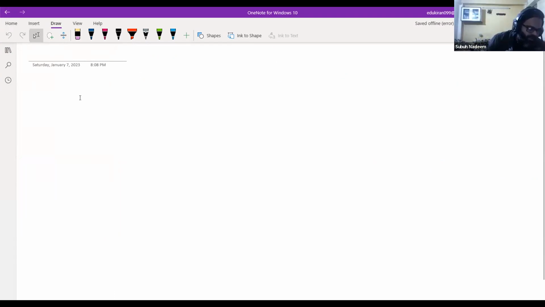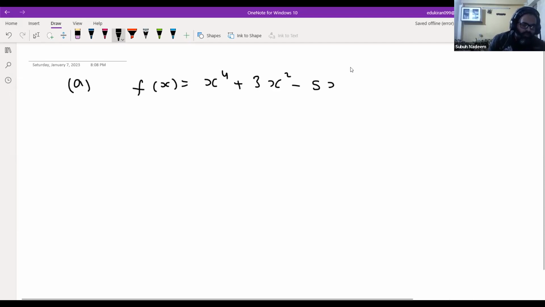So we have to find the second order derivative of this question. This first question is f(x) equal to x to the power 4 plus 3x square minus 5x to the power 1 by 2. And what is second order derivative?